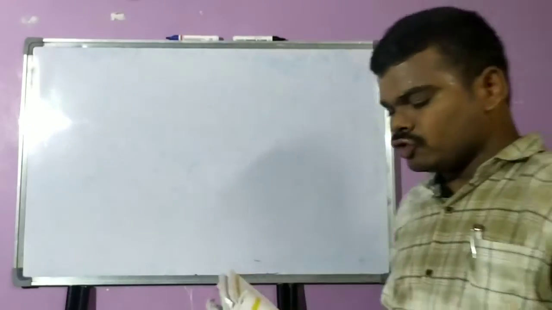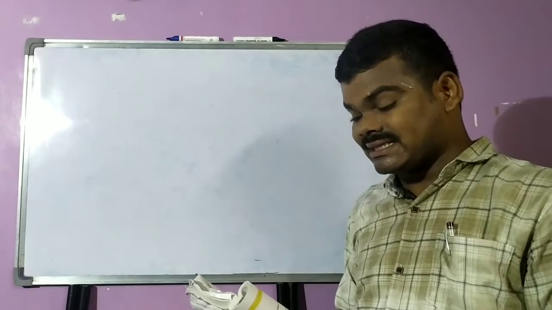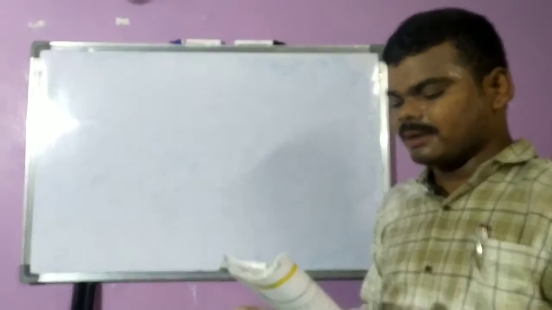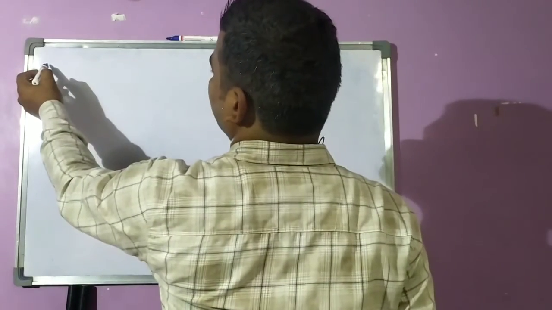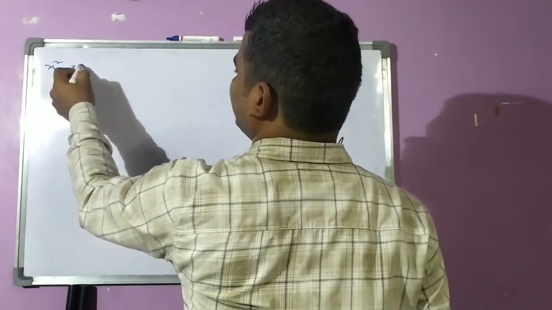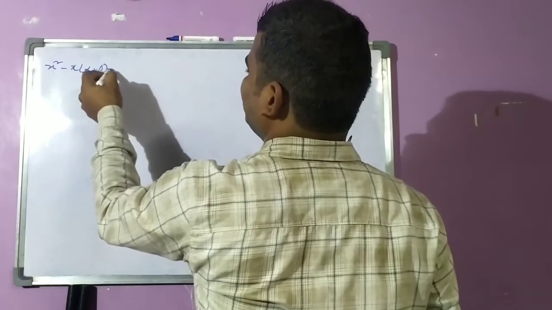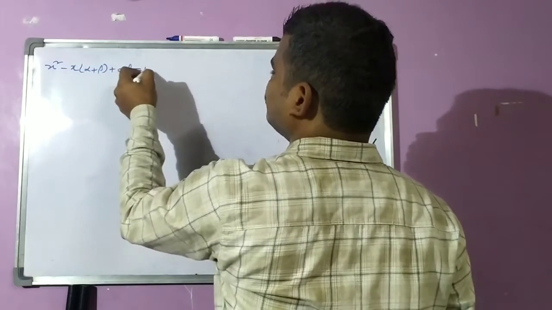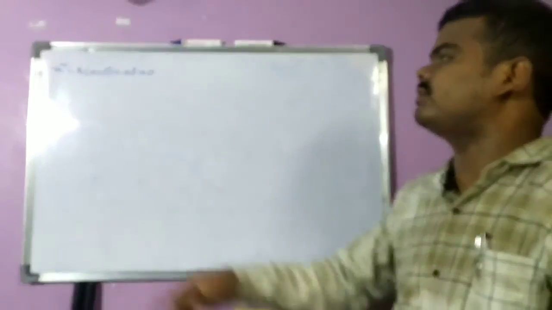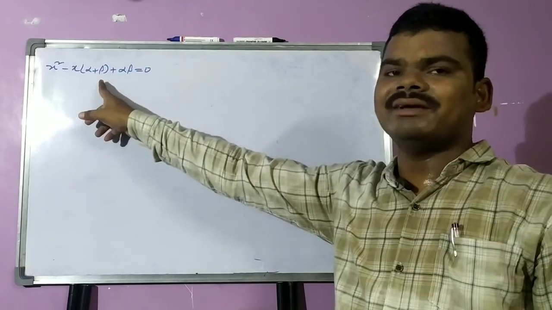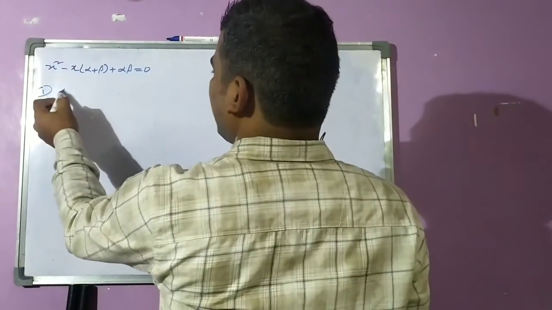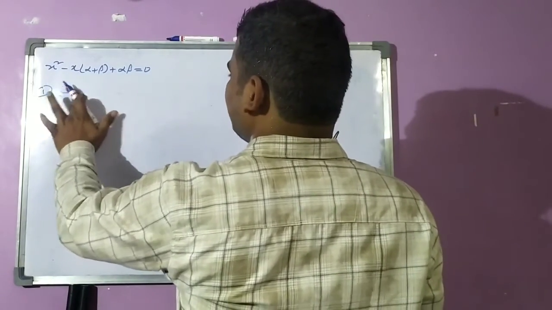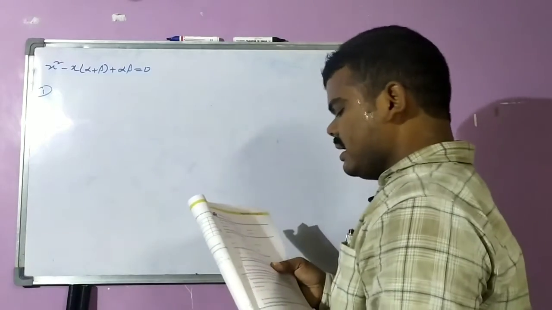Find the quadratic polynomial in each case with the given numbers as the sum and the product of its zeros respectively. See, the general form of the quadratic equation is x square minus x into alpha plus beta plus alpha into beta is equal to 0. This is the general format of the quadratic equation having the sum and product of the zeros. Now, first one: the sum and product of the zeros are given below.